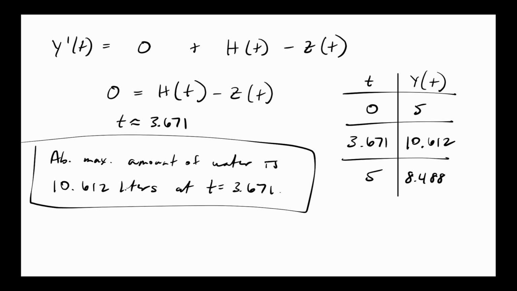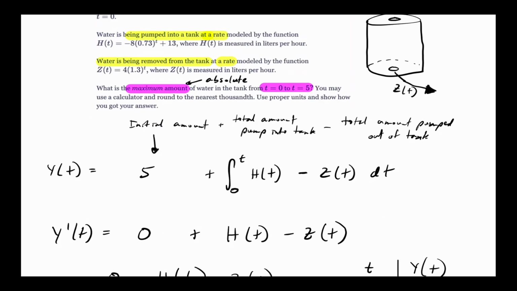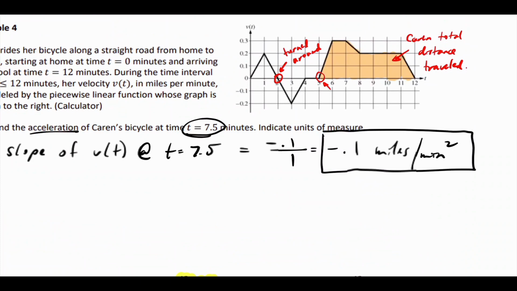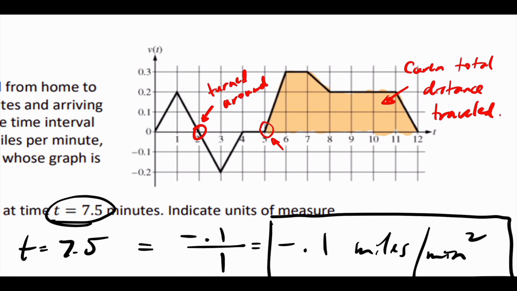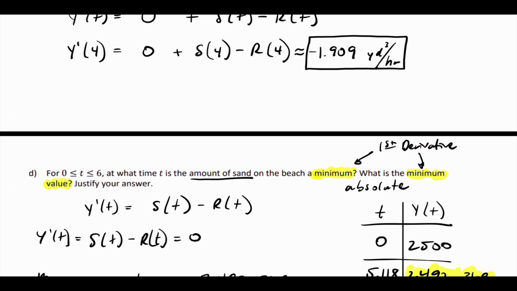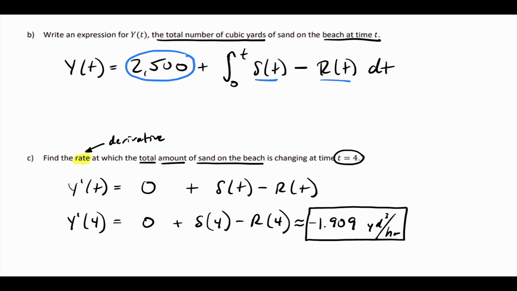All of the questions are very similar. Sometimes they'll give you a table, or sometimes they'll give you an equation like h of t and z of t. Sometimes they'll give you a picture like they did on the last question we did, a graph. Sometimes they'll give you a table. Well, a table is just like a graph, okay? They're always going to give you one of those three things, and then they're going to ask you the same questions. What is the total amount at one time?